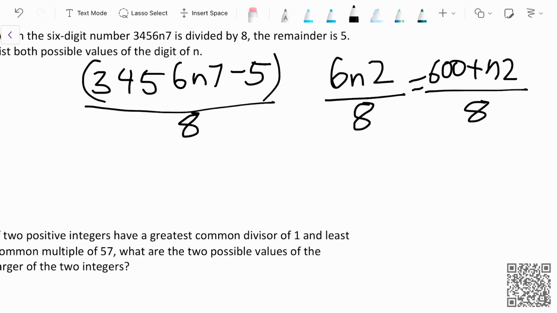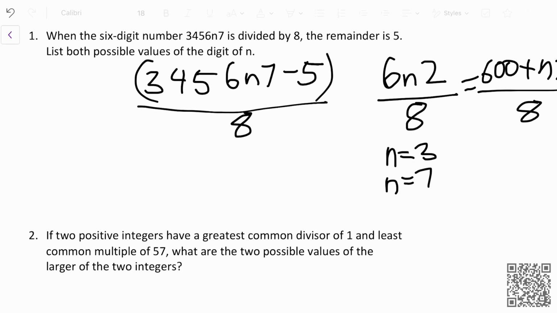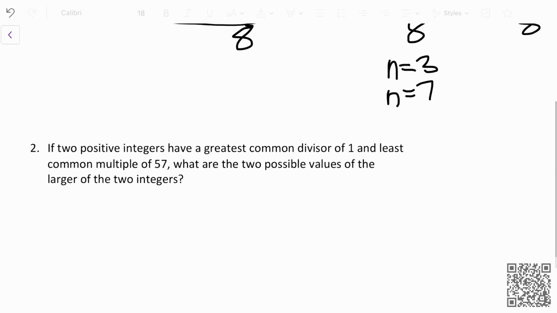Well, one of them, obviously, is 32. So n could equal 3, since 32 divided by 8 is 4. n could also equal 7, since that would be 72, and 8 times 9 is 72. So the two possible values of the digit n would be 3 and 7.